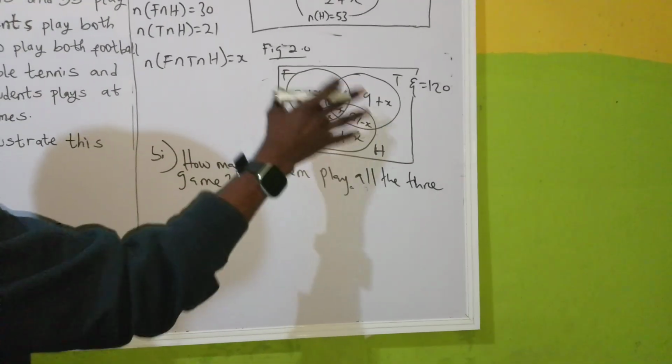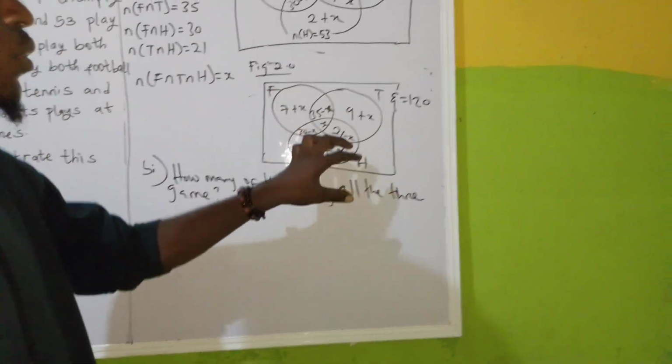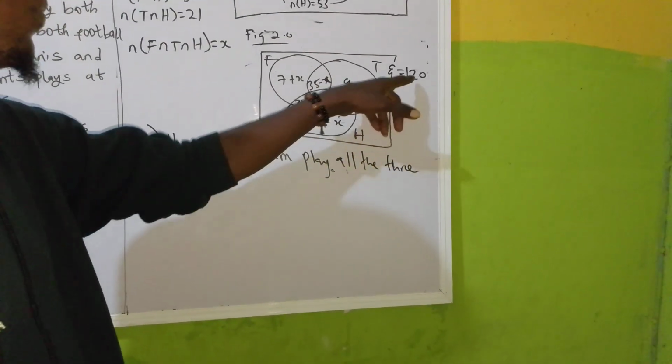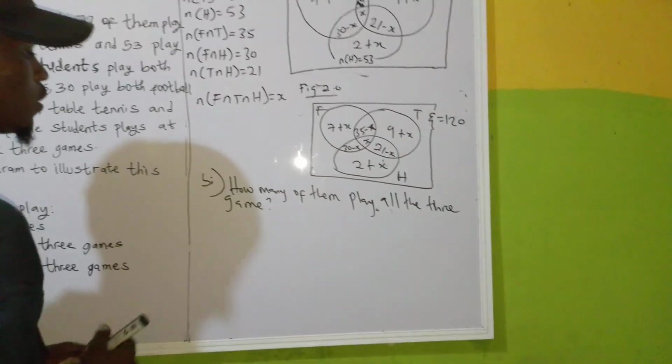So we use what we have here to solve it. Don't forget, I said that you add everything you have inside this box. The summation of everything must give you what you started with. So to express this, how many of them did this game now?